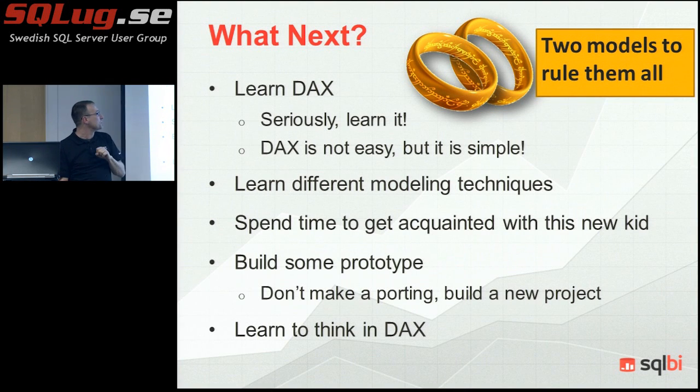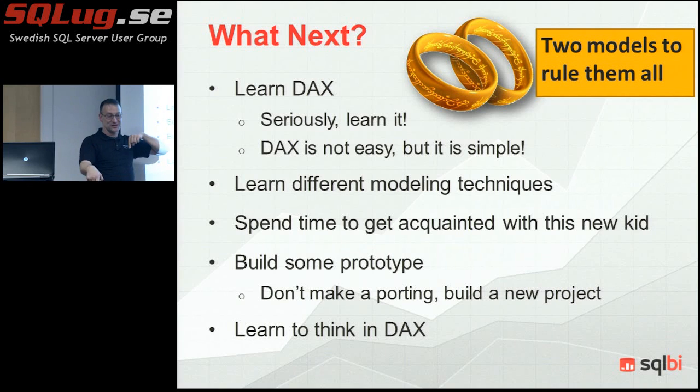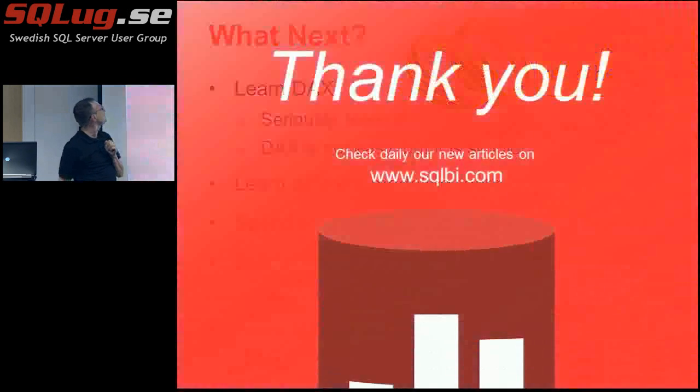I have no idea what the future is, but I think that we will see something new and something more interesting in 7 years, because we went from 2000 to 2005, then from 2005 to 2010, so I think around 2015, 17, we will probably see something new. But before then, DAX is probably your best option for a few years.